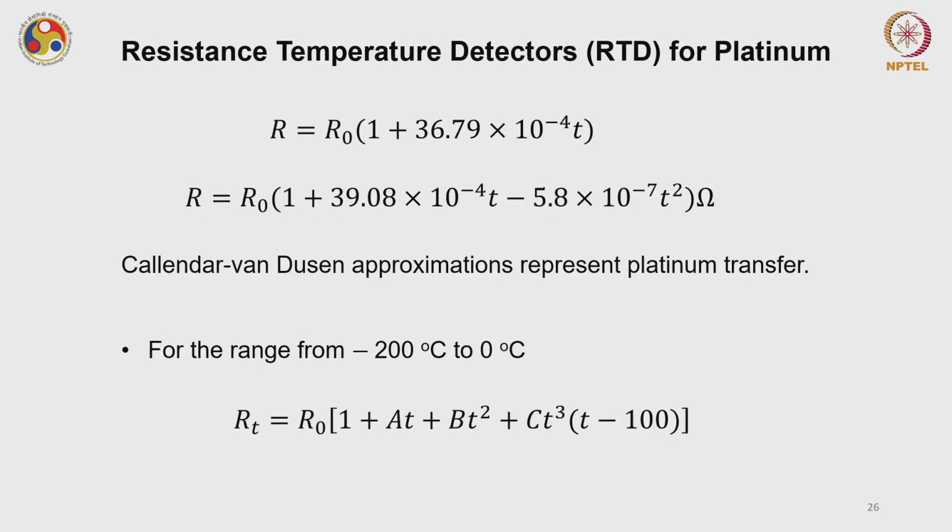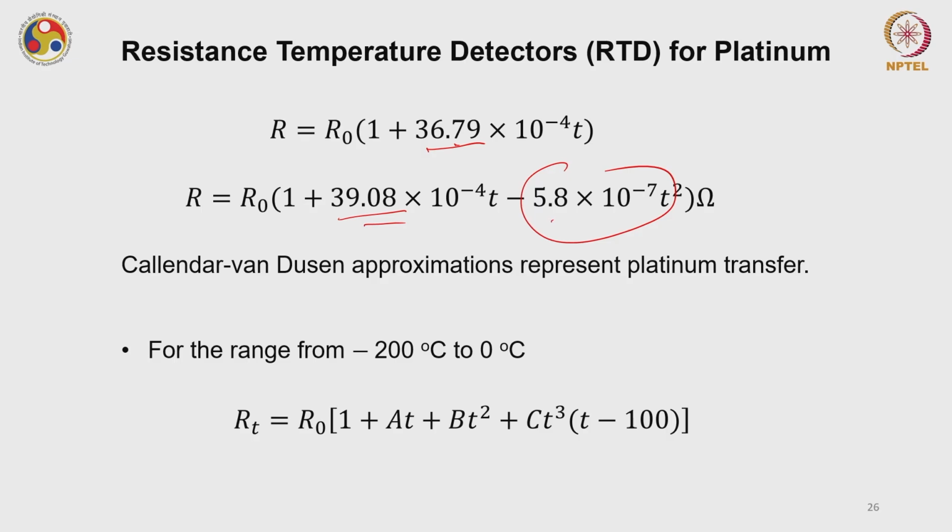So it will give you R is equal to R naught into 1 plus say 39.08 into 10 power minus 40 minus 5.8 into 10 power minus 7 t square. Please note that the values 36.79 and 39.08 will be different because in this equation this part has been taken care of.